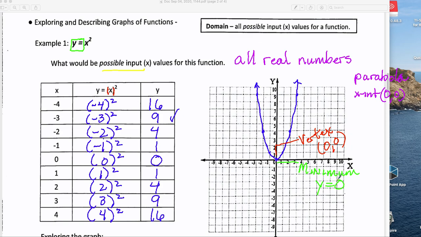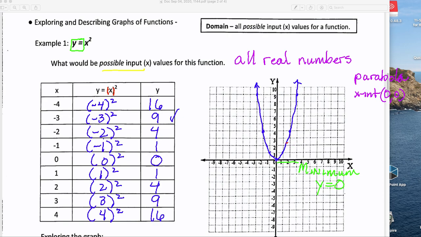Does the graph have symmetry? Absolutely, this graph has symmetry. And I'm going to show you, even this works out really well with this one. Okay, we're going to erase some of this because we don't need it. And I'm going to show you if I fold this graph in half, right along the y-axis, this graph is a mirror image.